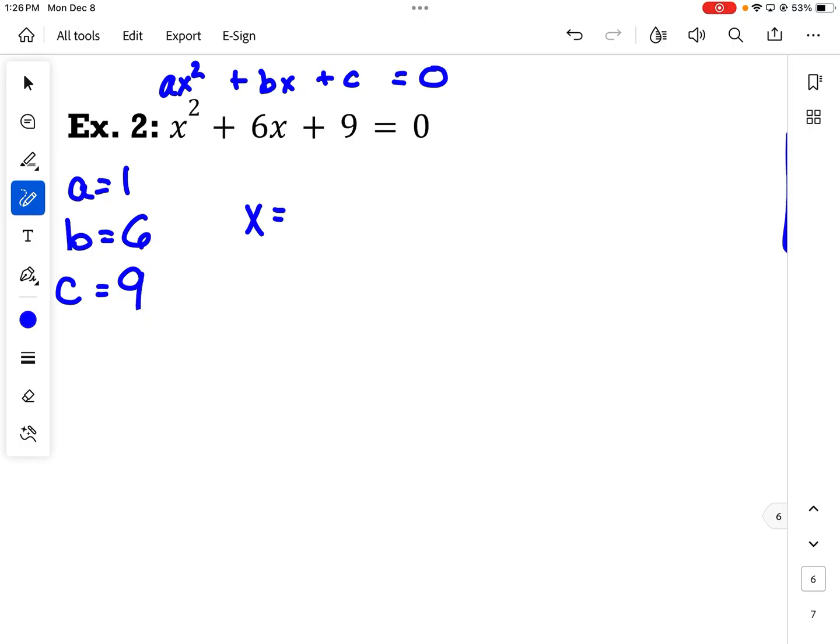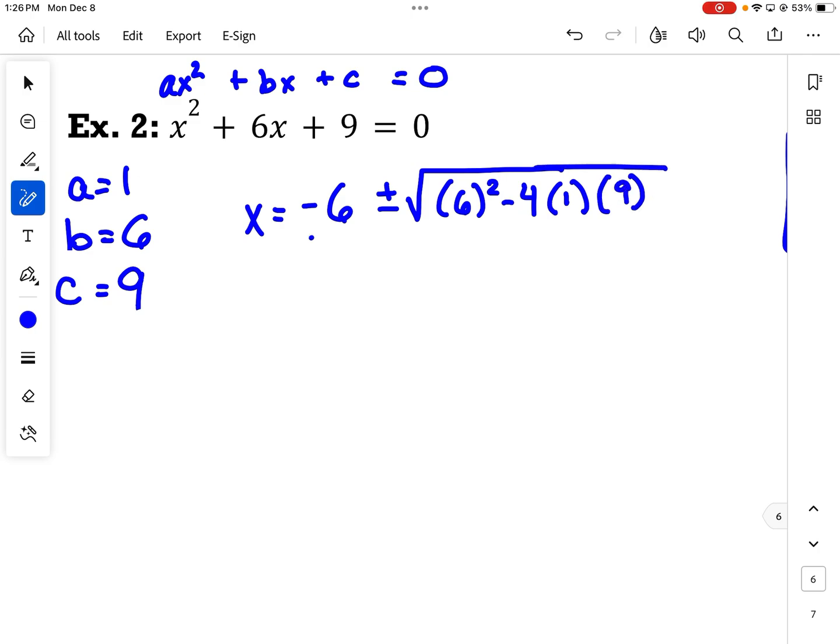What is negative b? That's just negative 6, because it's the b value. Plus or minus the square root of b squared minus 4. What's A? 1. What's C? 9. All over 2 times A.